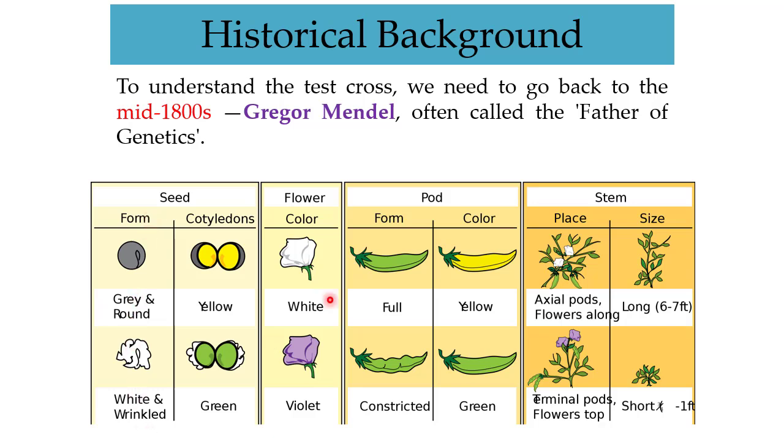He was interested in the flower color, whether the flower is white or violet. He was interested in the color of the pod, whether you have a yellow pod or a green pod. And he was also interested in determining the height of the pea plant and the position of the flower as well. So he was doing a lot of things, and he was using a lot of techniques.